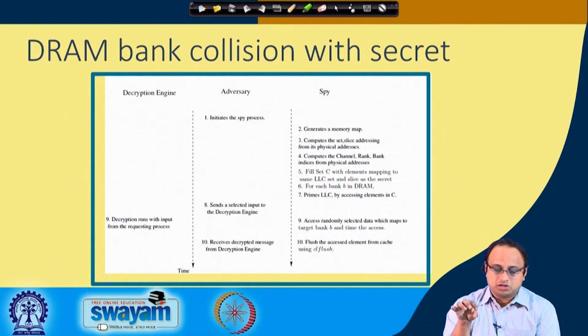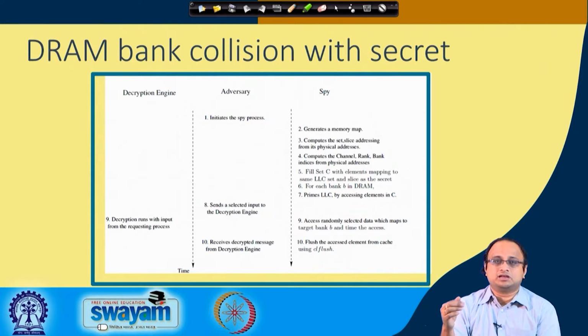After you have done this homework, you start your attack by fixing a corresponding bank number, say bank 0, and then you prime the last level cache by accessing elements in your eviction set.